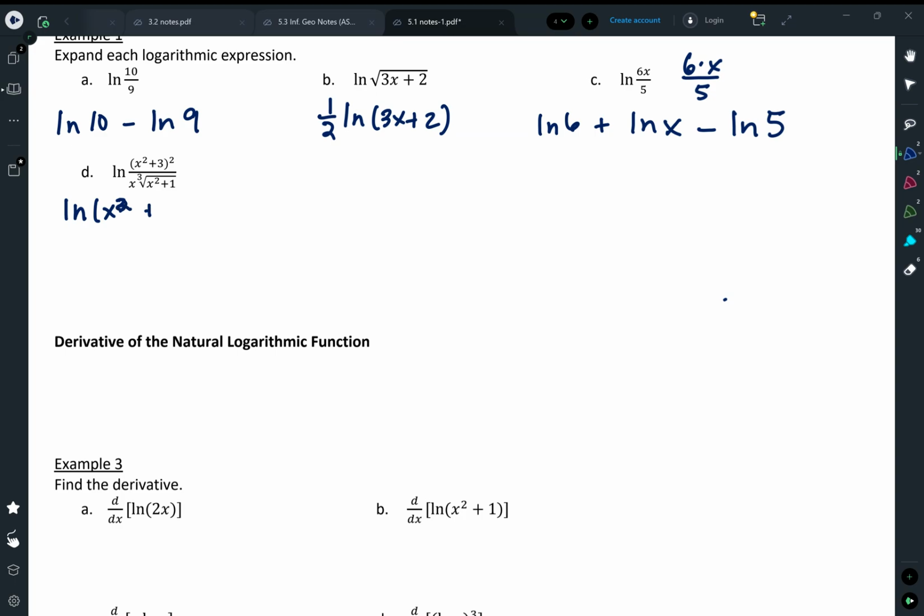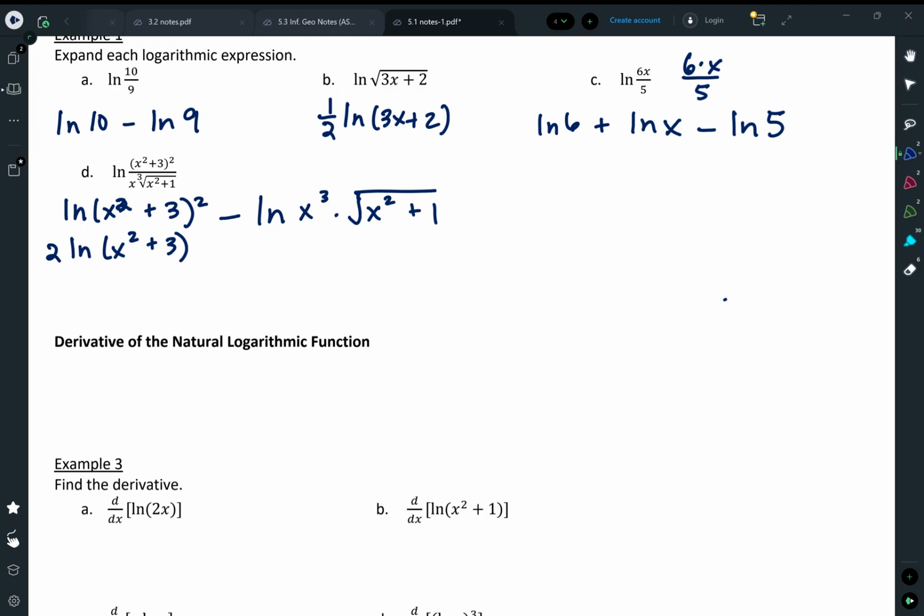So x squared plus 3 is all being squared, minus, and then everything that's in my denominator, let's see, we have a natural log of x cubed times the square root of x squared plus 1, which is really an x squared plus 1 to the 1/2 power. In the numerator, I can take care of that exponent and bring it in front as a coefficient. So I have 2 times the natural log of x squared plus 3.